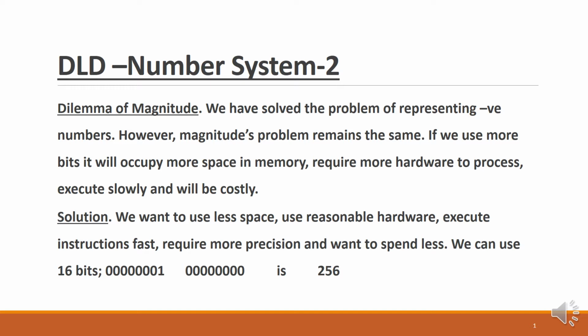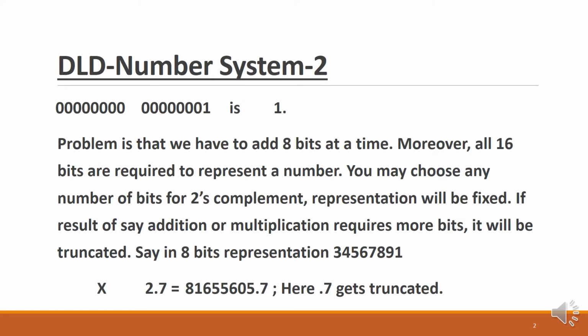This, in 16 bits, is representing the number 256 in decimal. Similarly, if you see the first 8 bits, then 7 bits and then 1, these 16 bits are representing 1.